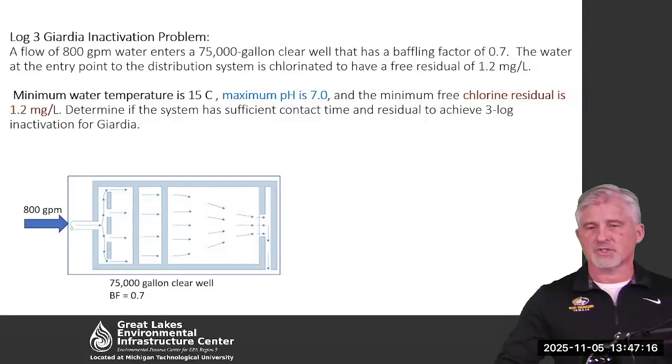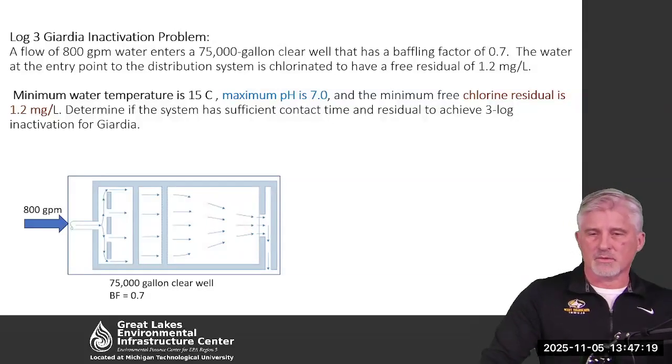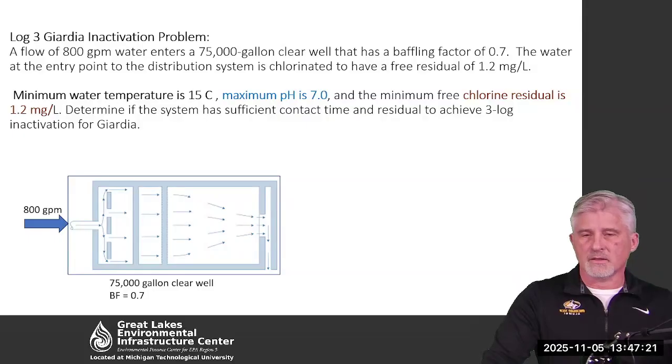So we'll cover a Giardia inactivation problem. We've got a flow of 800 gallons per minute entering a 75,000 gallon clear well, with a baffling factor of 0.7. The water at the entry point to the distribution system is chlorinated and has a free residual of 1.2 parts per million.